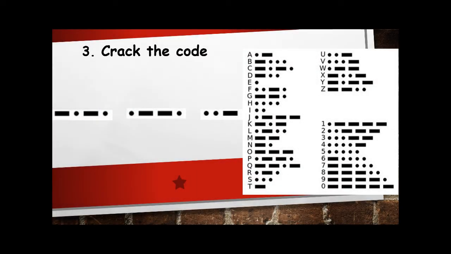Challenge number 3, another crack the code. This one is slightly harder, and you will see with a white background 3 blocks on the left hand side of the page. Now I've left a gap between them so that you can see where one block ends and the next one begins. So there are 3 blocks, and on the right hand side there is another key.